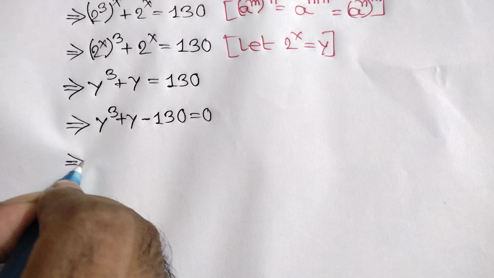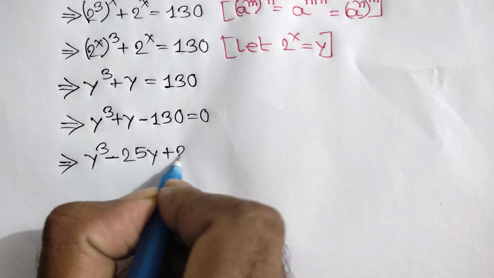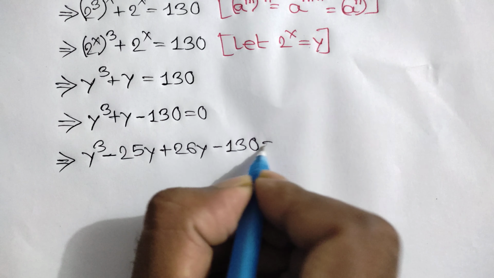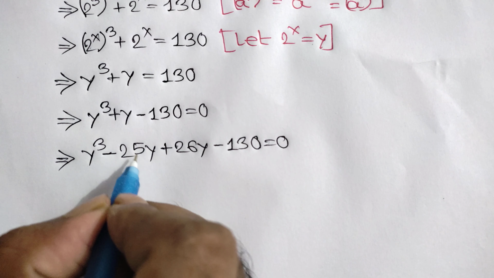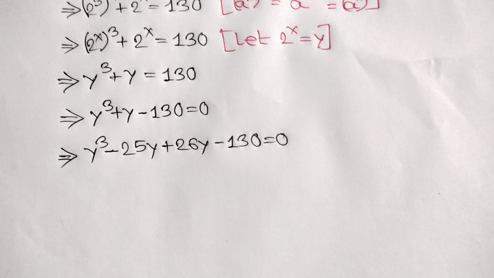Now we can write here y cube minus 25y plus 26y minus 130 is equal to 0, because 26y minus 25y is y.